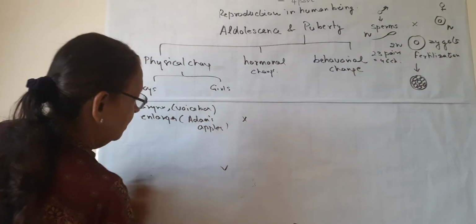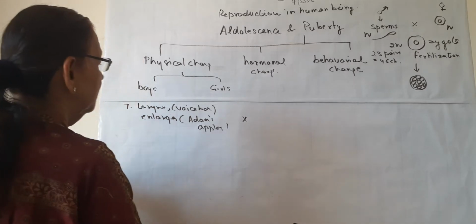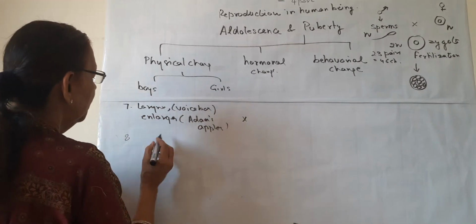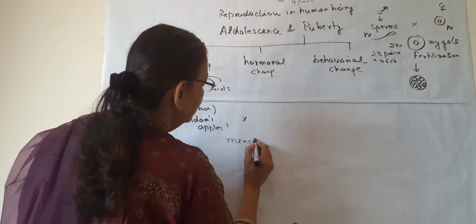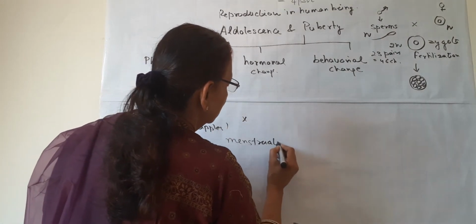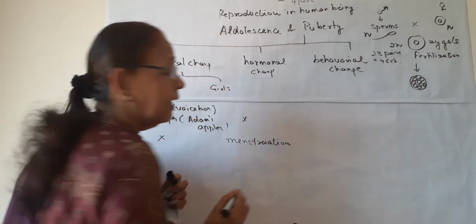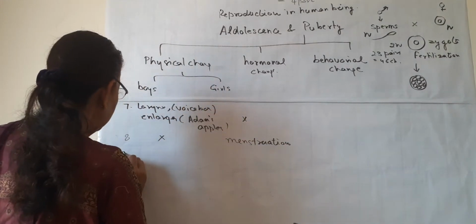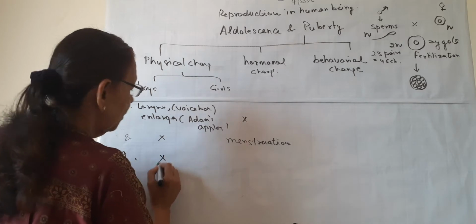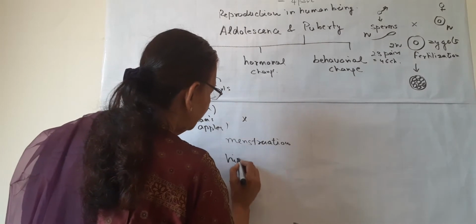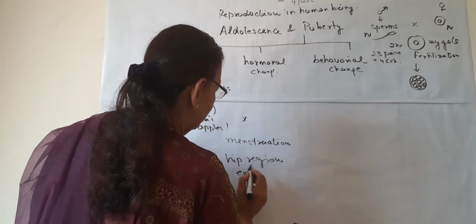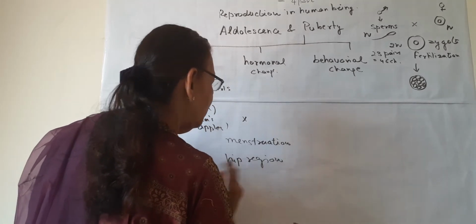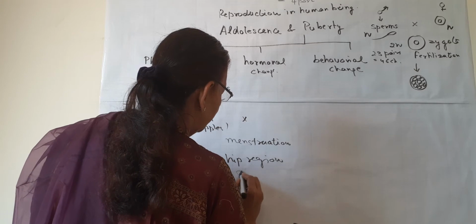In girls, the eighth one, not in boys, only in girls, is menstruation. It starts. Ninth, in girls, not in boys, is the hip region.